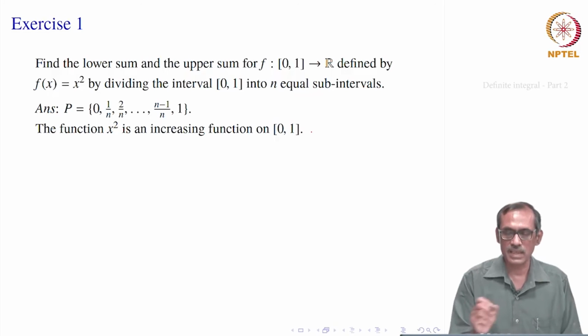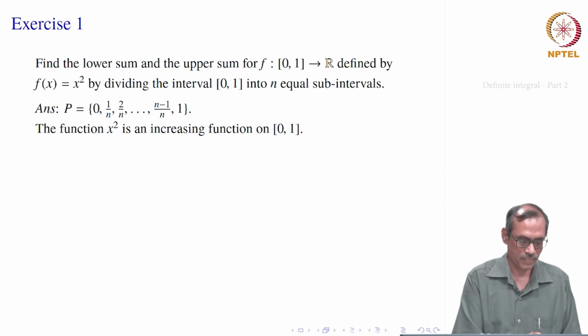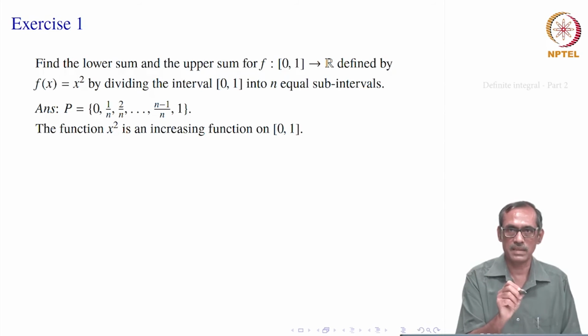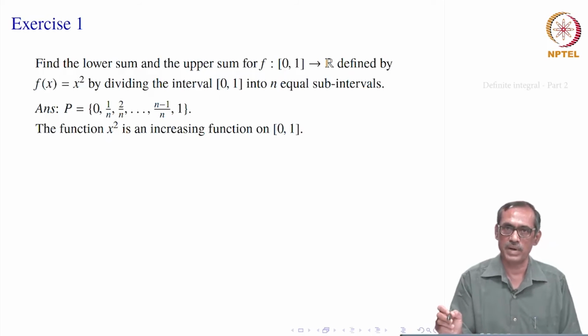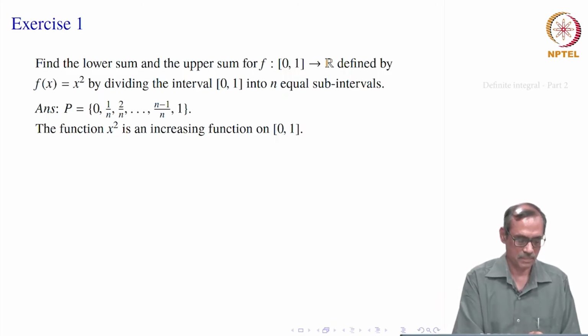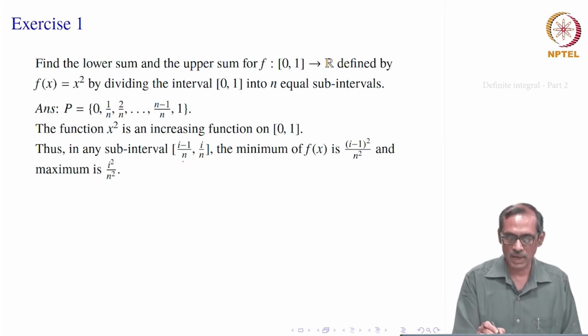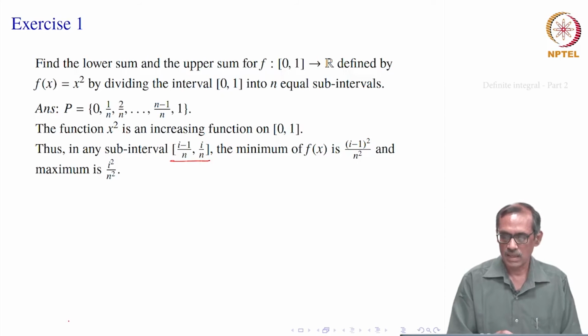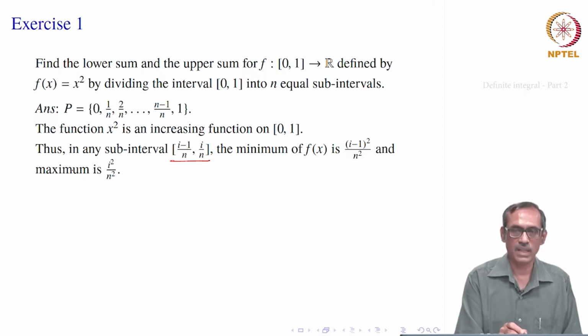Now, x square is an increasing function on 0, 1, increasing from 0 to 1, that we know. Therefore, for the lower sum it will be the left end point, and for the upper sum it will be the right end point. In the sub interval i minus 1 by n to i by n, the minimum is on the left, that is i minus 1 square by n square, and the maximum is on the right point, which is i square by n square.